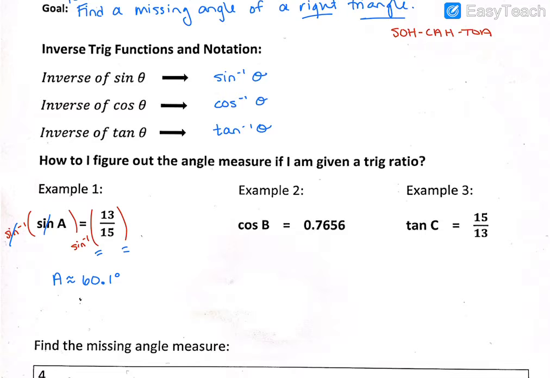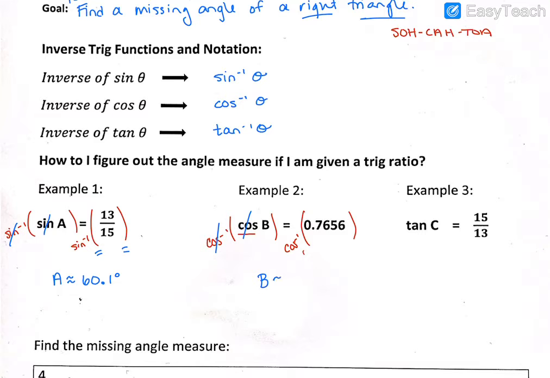We're going to do something very similar with example 2, but this time, because you started with cosine, we have to use a cosine inverse in order to undo cosine. Again, once you do the cosine inverse, your cosines go away.